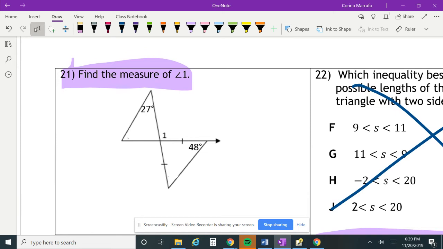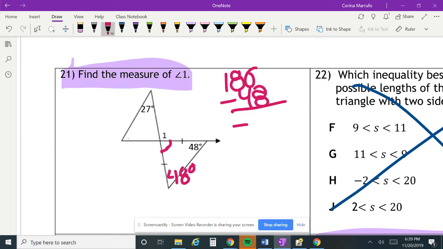So we're looking for the measure of angle 1. They tell us this is 48, so that means this angle is also 48. We know the 3 angles in the triangle should add up to 180, so this angle in here will be 180 minus the 48 minus the other 48. Okay, so we have to subtract the 48 twice.